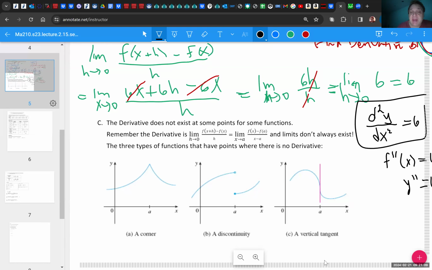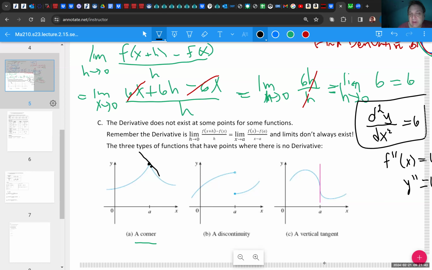So the first example I have here is labeled a corner. This is actually called a cusp, or it comes to some sort of point or corner. The reason the derivative doesn't exist here is that if I take the corner point and a point very close by on the right side, this tangent line has a positive slope.